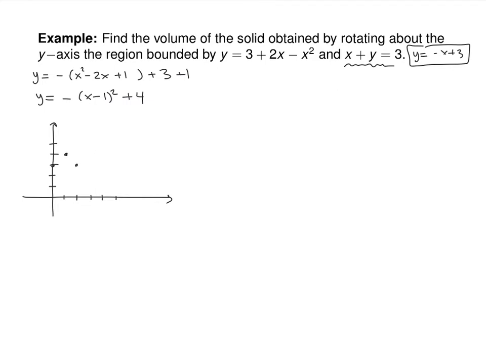Down 1 over 1, down 3 over 1. So there's your parabola. Negative x plus 3 starts at 3 and then has a slope of negative 1. And it looks like your intersection points are x equals 0 and x equals 3.